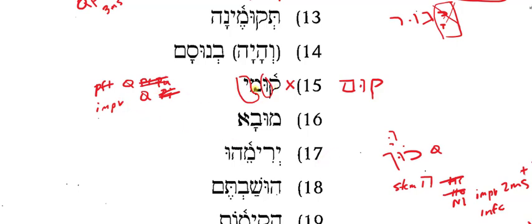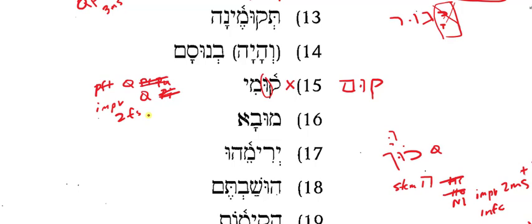And the qamets yod is not ever a Qal perfect personal ending anyway, is it? Do we have any Qal perfect personal endings with qamets yod at the end? Nope, we don't. Do we have any imperative endings with a qamets yod at the end? Yes, the 2FS is the imperative personal ending with qamets yod.